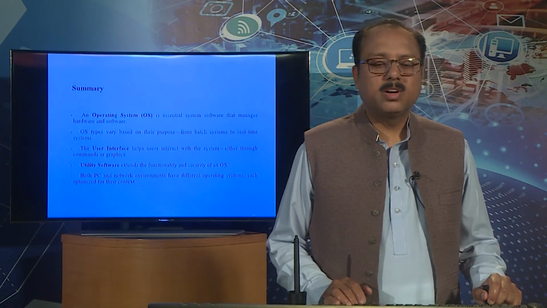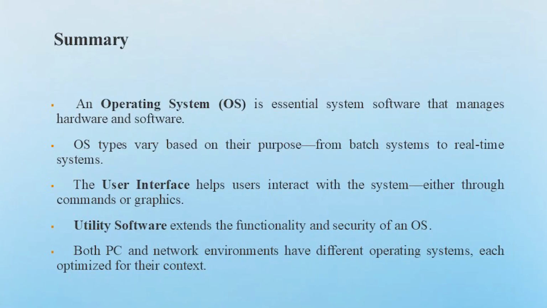We have learned at the end of this unit that the operating system is essential system software that manages hardware and software, and its types are based on their purpose, from batch systems to real-time systems. The user interface helps users to interact with the system either through commands or graphics, and utility software extends the functionality and security of an operating system. Both PC and network environments have different operating systems, each optimized for their context.